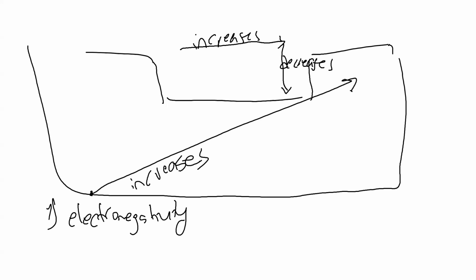So let's say who has more electronegativity, sodium or carbon? It's carbon. Why? Because sodium is here and carbon is here, and it's increasing. Who has more electronegativity, let's say zinc or nitrogen?